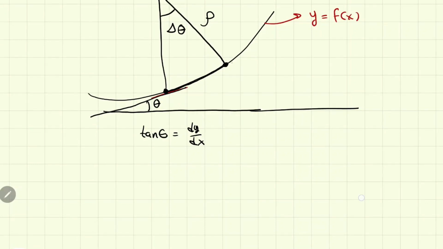Okay, and we can do the same thing with this point, where we draw the tangent line, and this tangent line is going to have an angle equal to theta plus delta theta, right?